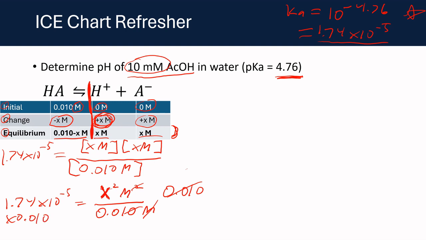And I'm going to move over to this side of the screen. And this, you technically don't need a calculator for it. You're just moving the decimal place over by 2. So that's going to be 1.74 times 10 to the negative 7, like so, equals x squared.